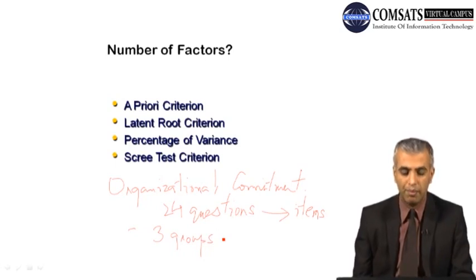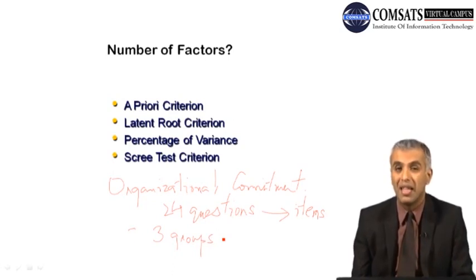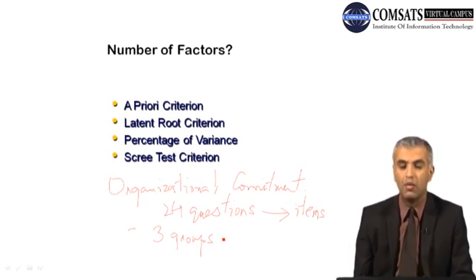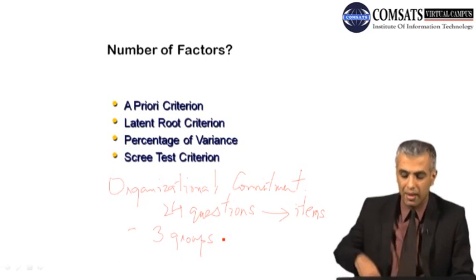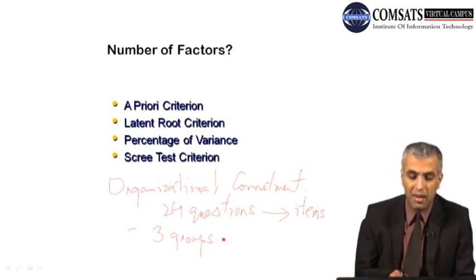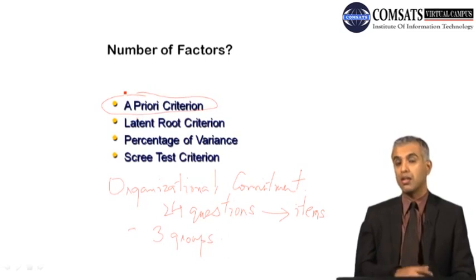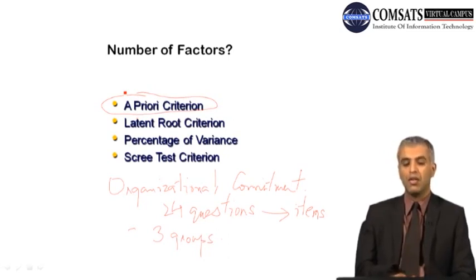So based on that theory, the number of factors can be given to the software, and only that certain number of groups would then be extracted. That's why we have mentioned here the important point called the a priori criterion. Like, what is the criterion which has been established before?